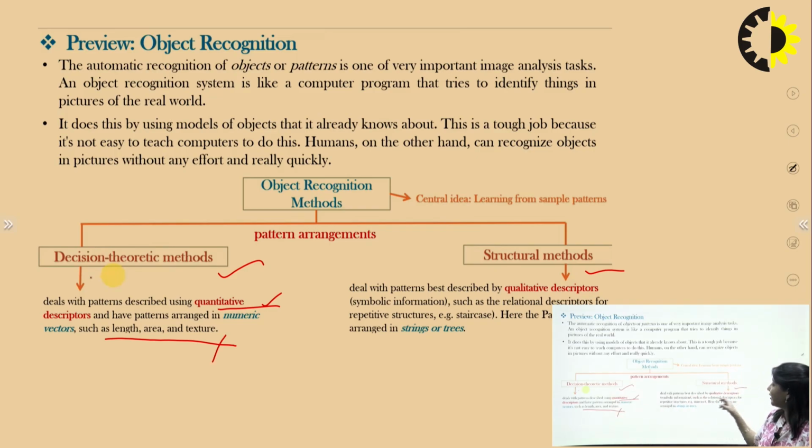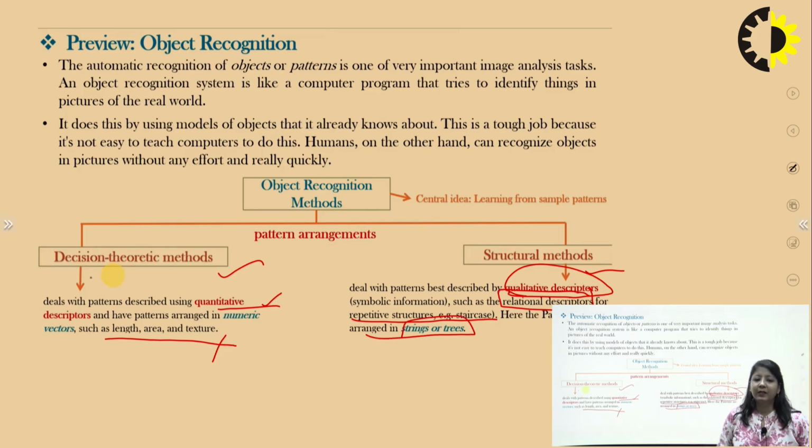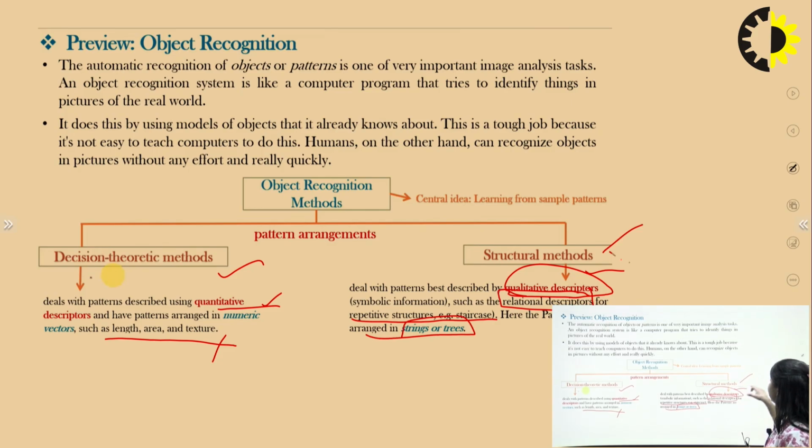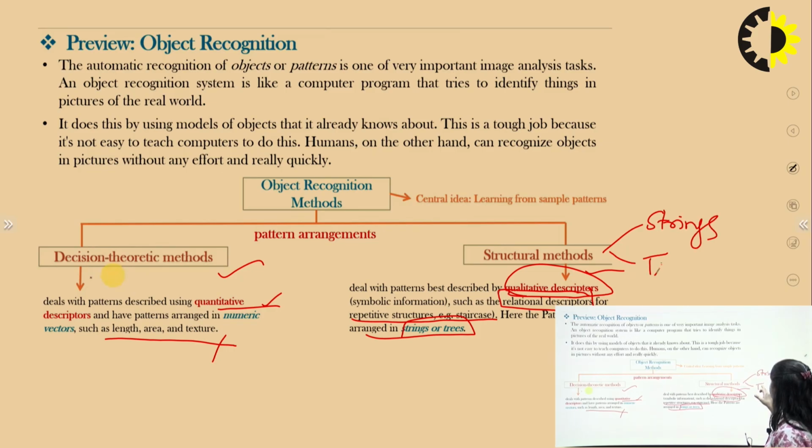And the structural method actually focuses on the qualitative descriptor. This considers the symbolic information in the image, and this is also called the relational descriptors. So how can we find it? We have to find the repetitive structures in the form of strings and trees. So there are two techniques to represent this method: strings and trees.